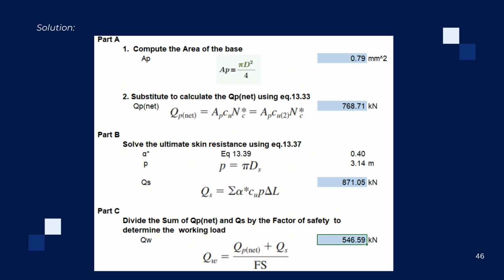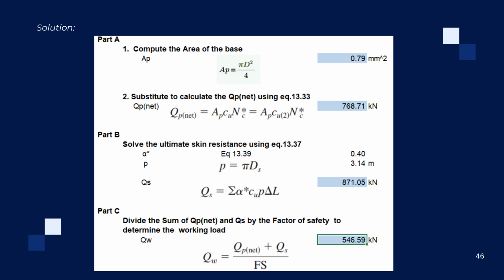Then, solve the ultimate skin resistance using equation 13.37, where alpha is equal to 0.40 and P is equal to pi times Ds, where we get 3.14 meters. And QS is equal to the summation of alpha times Cu times P times the change of length.